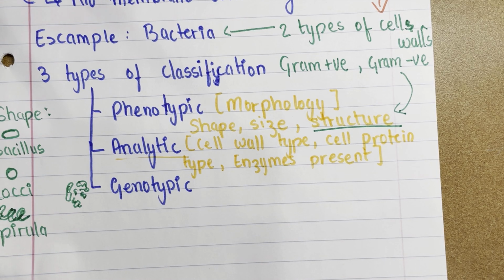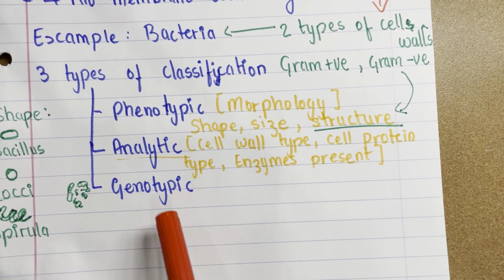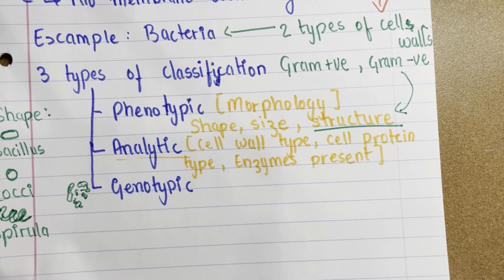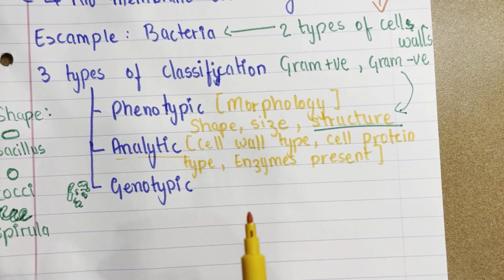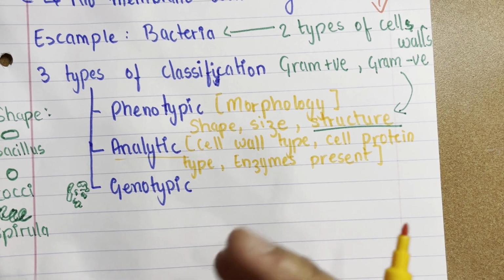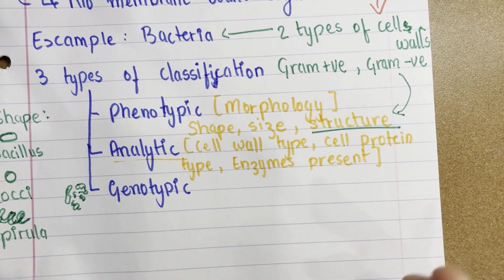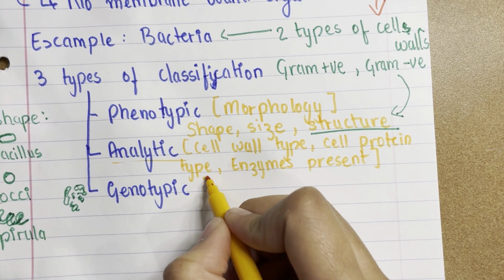Okay, next up is the genotypic classification. So genotypic classification, as the name suggests, is the classification at the genetic level, if you want to call it that way.